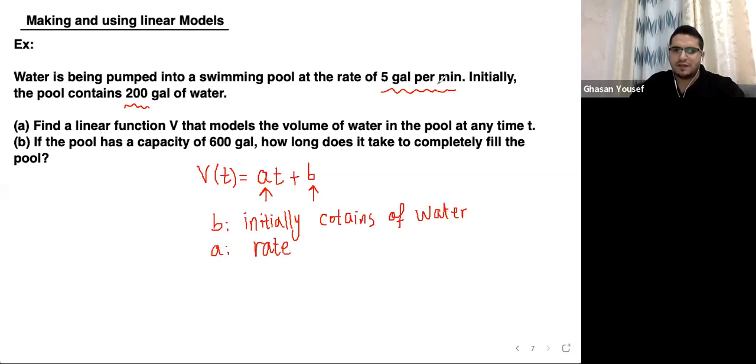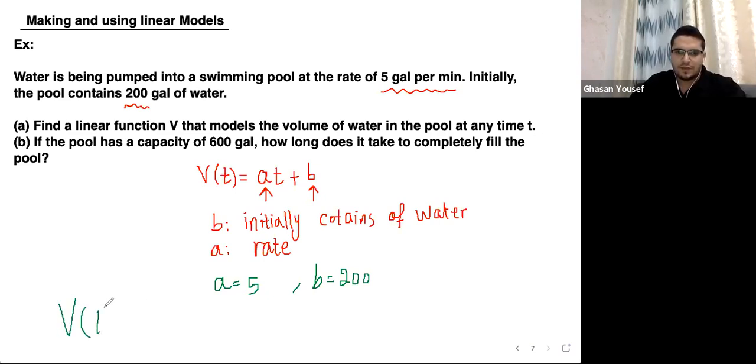So the rate for the example is 5 gallons per minute. Here I can say a equals 5, and b equals 200. So for the first example, v of t is equal to 5t plus 200.